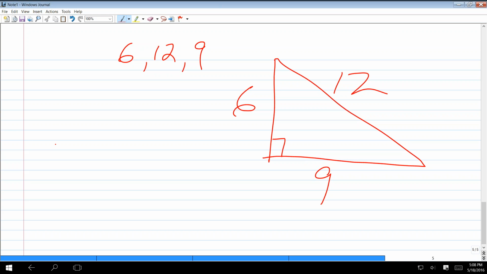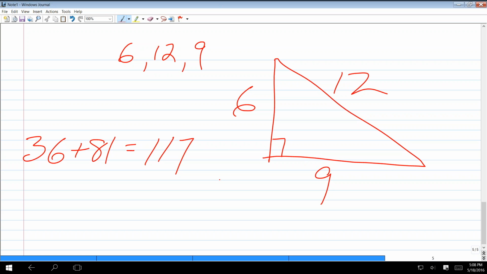And the fact is that 6 squared is 36 plus 81 comes up to 117. Well, 12 squared would be 144, right? Yeah. So it must be an acute triangle. Hold on. No, let me think for a minute.